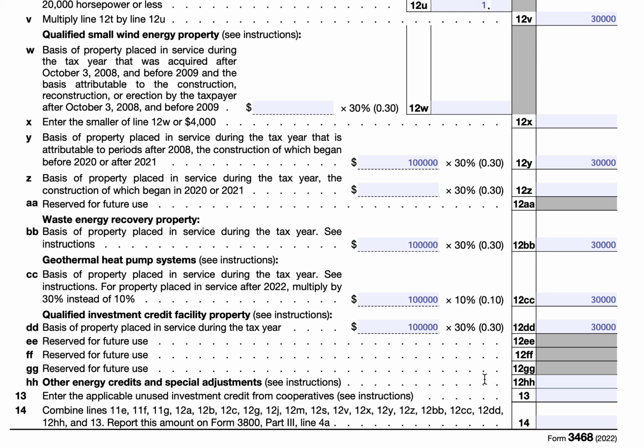If you have any other energy credits, there is a line 12HH worksheet for all of the different types of properties that I just listed. And there's quite a few. So if there's property that you're interested in taking a credit for that wasn't a part of this video, the form instructions contain a worksheet that might find the exact property that you're looking for, and then you'll be able to calculate the tax credit on that worksheet.